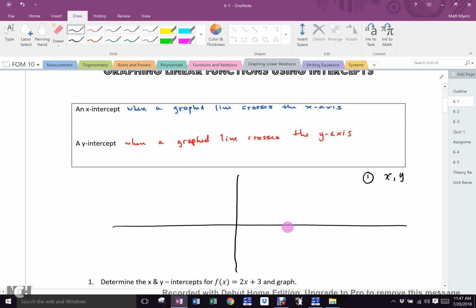As x's go this way, they get bigger. As x's go this way, they get smaller. As y's go this way, they get bigger. As y's go this way, they get smaller. All of you already know that, right? Okay, so without actually knowing, give me a reasonable guess for what the x and y would be for that dot.